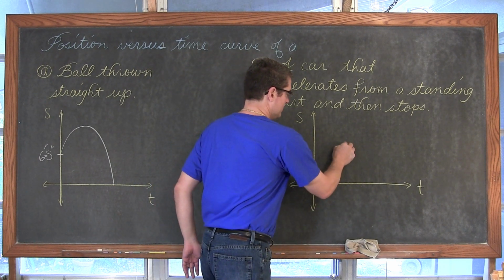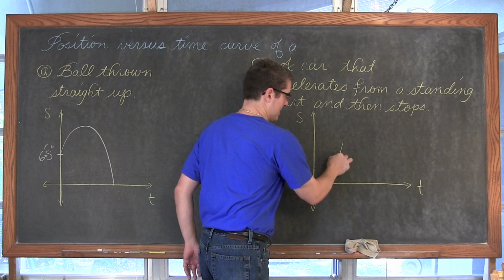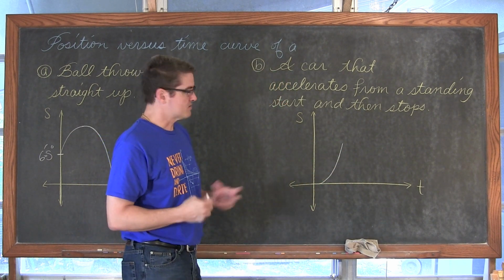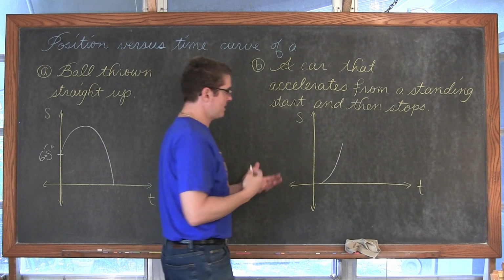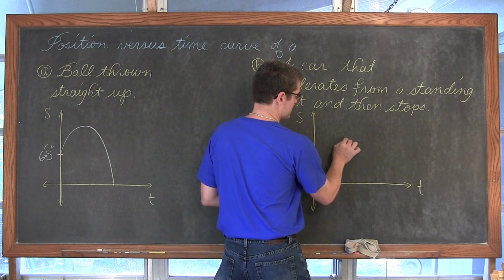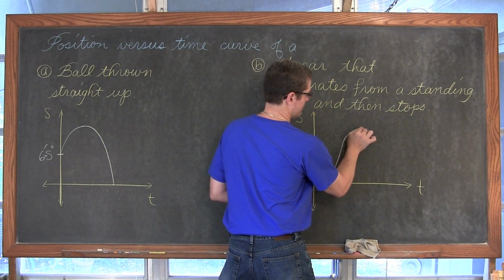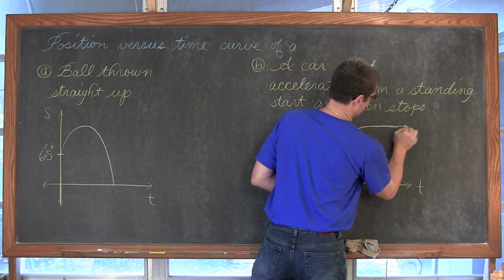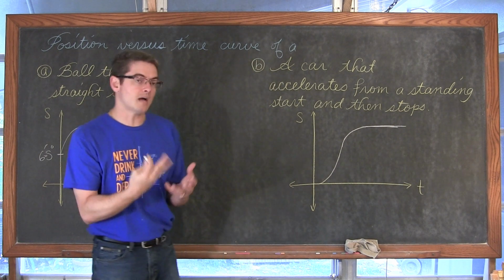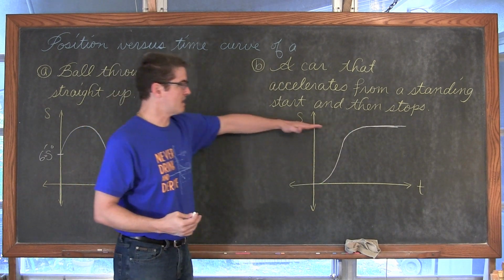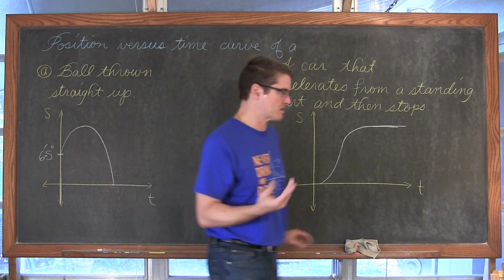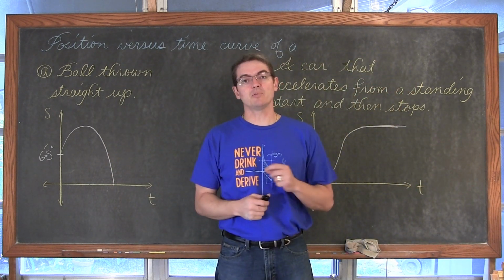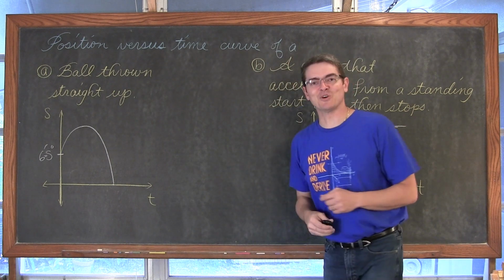Then eventually maybe we maintain the same constant velocity or speed, as you would see on your speedometer, and then you start applying the brakes until the car eventually stops. And then, of course, as time goes on, if the car is stopped, its position is not going to be changing. So just a couple of quick examples of creating a time plot, or a position versus time curve.